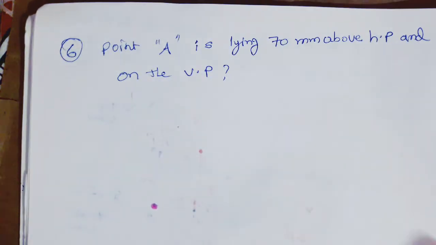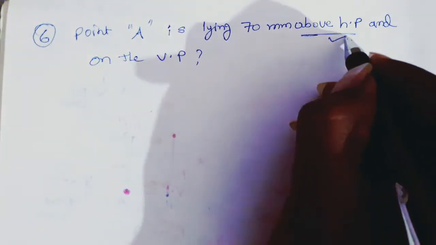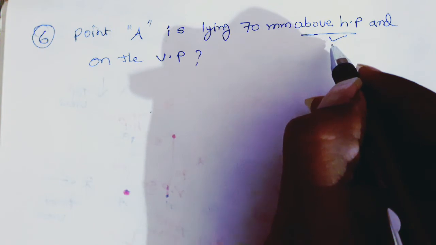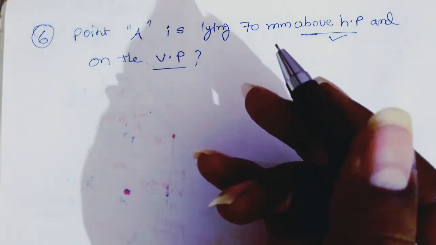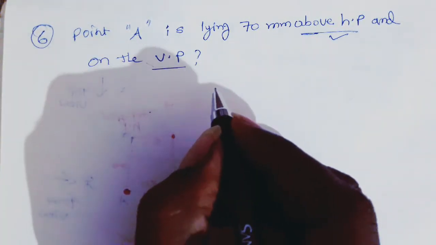The same condition. See, above HP is given, nothing but the position of your point with respect to the XY line you have to draw above, right? On the VP, nothing but simply you have to show the position of your point on the XY reference line.